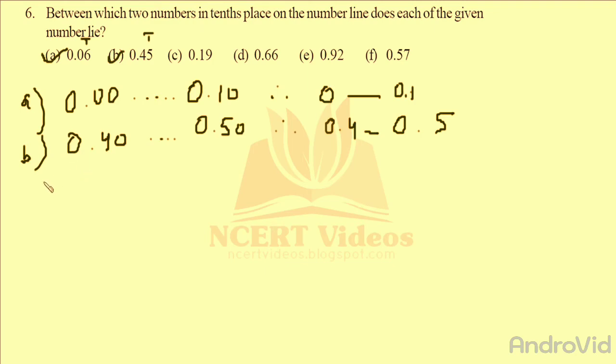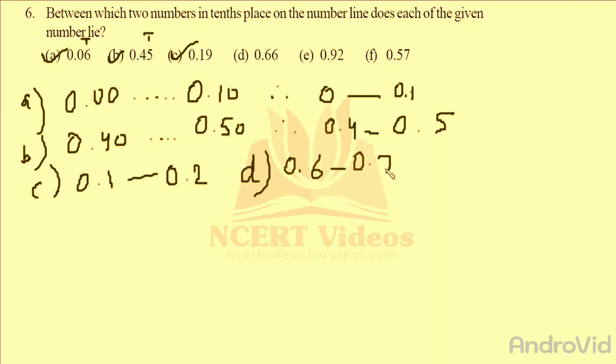C part 0.10 to 0.20, and it is very close to 0.20 by only 1 point. D part 0.6 to 0.7, and it is again closer to 0.7.